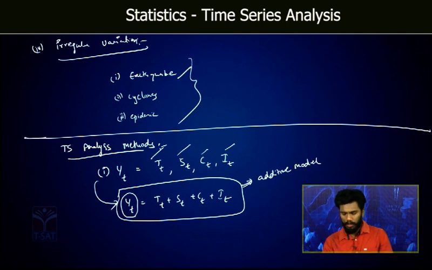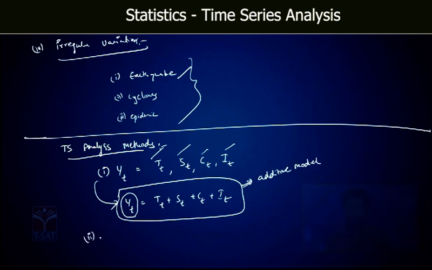Now there is a second model, where each and every effect acts proportionally on the YT value. At that time we write YT is equal to T into S into C into I. That is, each and every variation is affecting the YT value proportionally.